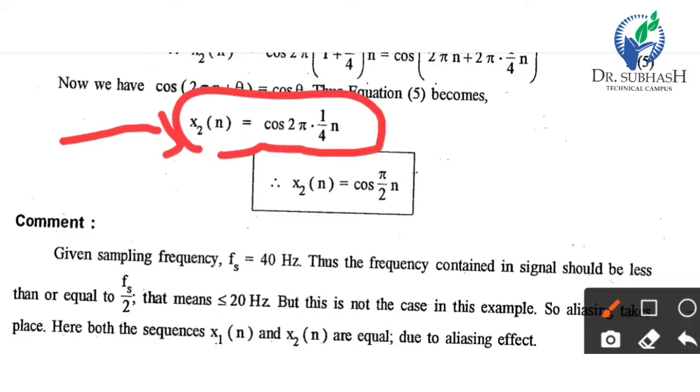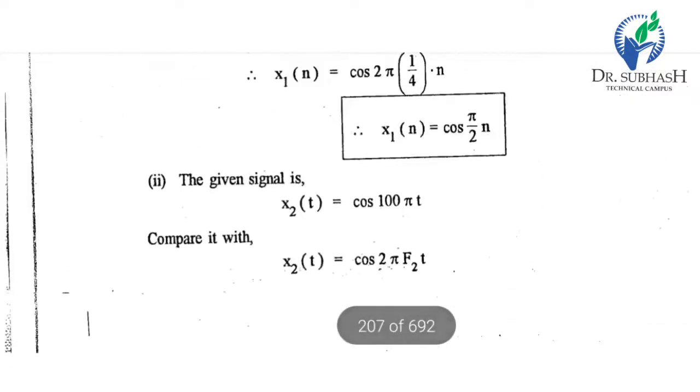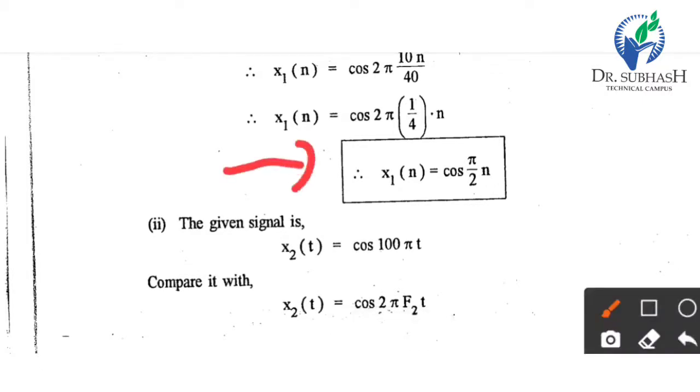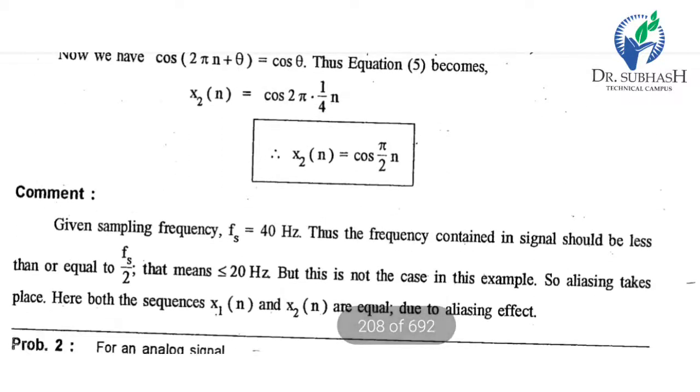The 2 cancels from numerator and denominator, so finally x2 of n equal to cos pi by 2 n. So we can see that x1 of n equals cos pi by 2 n, and x2 of n equals cos pi by 2 n.